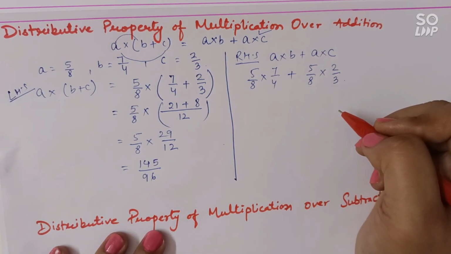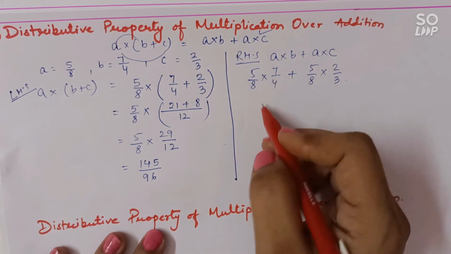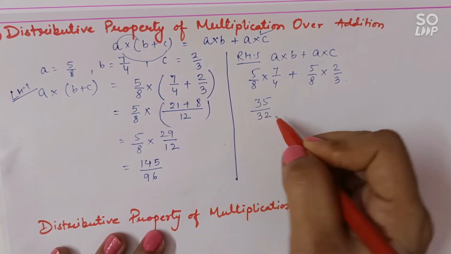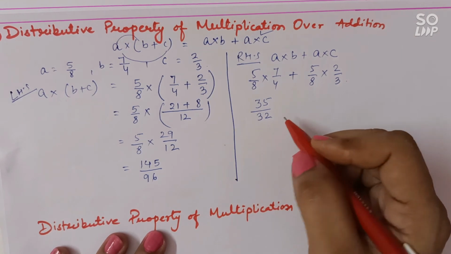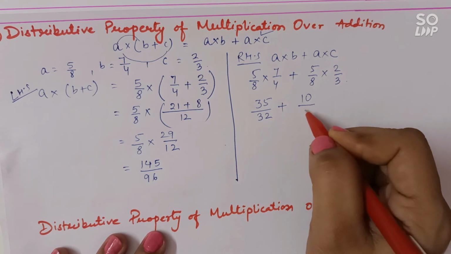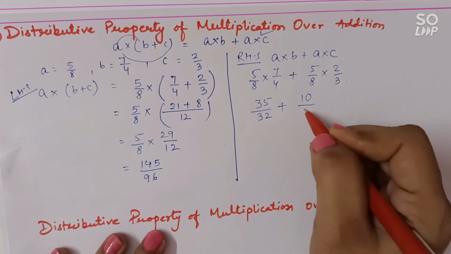So we'll multiply here, we'll get 7 5s are 35, 8 4s are 32, plus 5 2s are 10, 8 3s are 24.